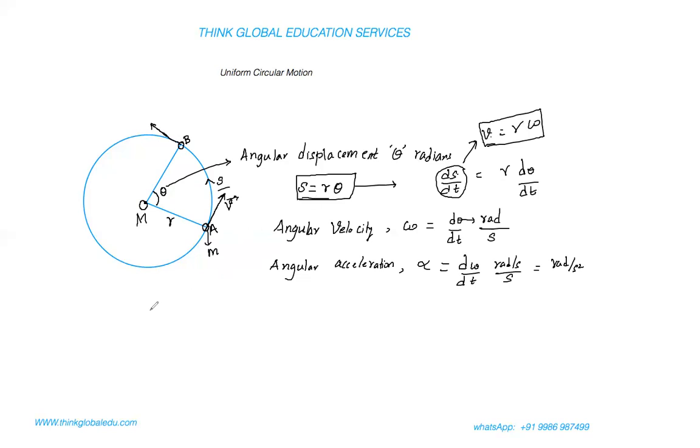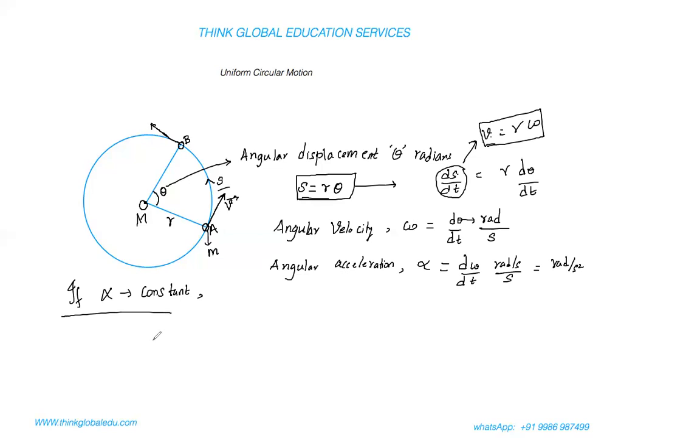So the next part would be, if the angular acceleration alpha is constant, then we can rewrite the equations of motion. We can write the equations of motion for circular motion using the equations of motion for linear motion, by changing certain values.